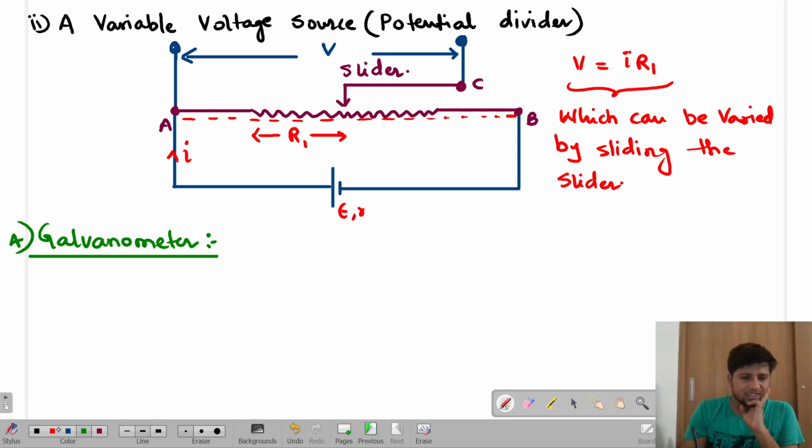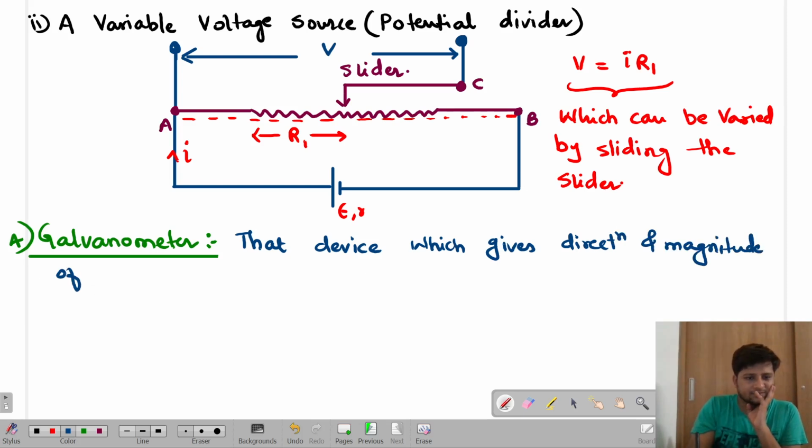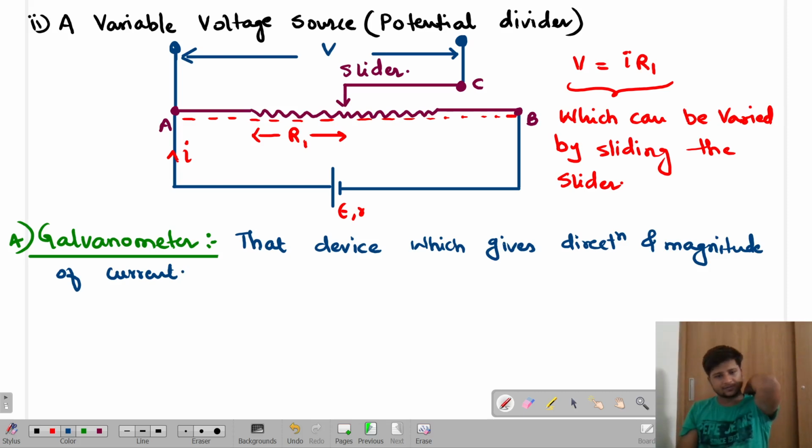Yes. So it is that device which gives direction and magnitude of current, isn't it?